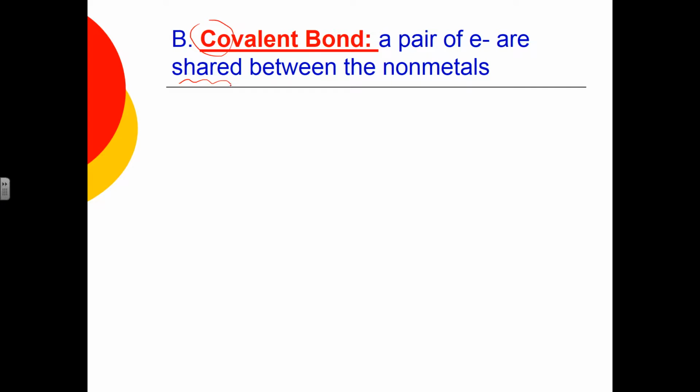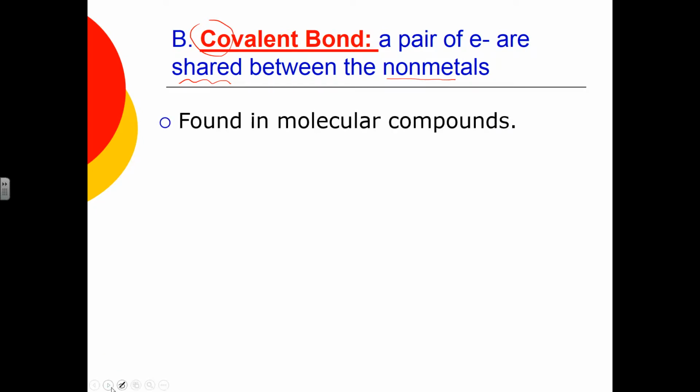So they are sharing a pair of electrons, that would be two electrons, and they're shared between the nonmetals. Covalent bonds are found when you have a nonmetal bonded to a nonmetal. The types of compounds that contain covalent bonds are known as molecular compounds. We call them molecules.